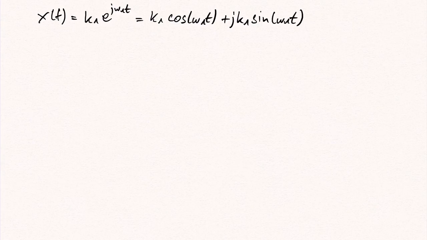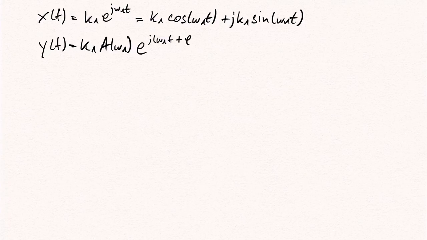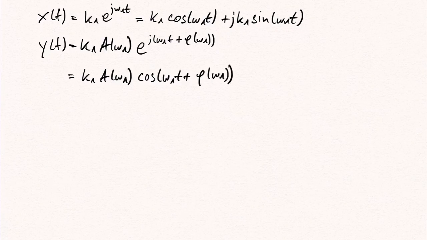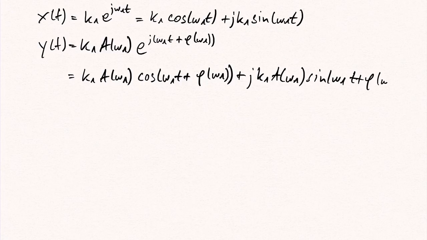Applying the same trick again to our output signal y of t, which is also a complex exponential, but scaled with A of omega 1 and the additional phase shift phi of omega 1, yields k1 A of omega 1 cosine of omega 1 t plus phi of omega 1, plus the sine term j k1 A of omega 1 sine of omega 1 t plus phi of omega 1.